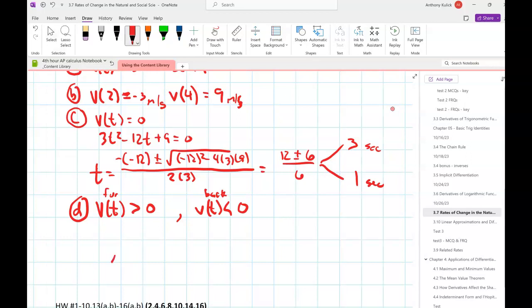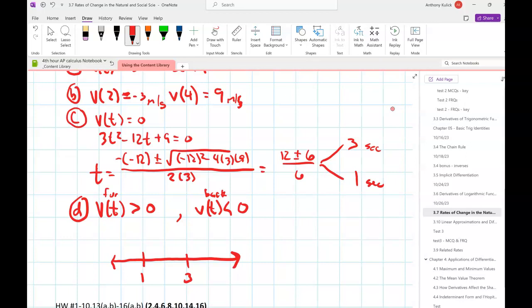What if I don't have my calculator access, though? What if this is a no calculator problem? Well, what I would do is construct what's called a sign diagram, because I know that this function is 0 at 1 and 3, right? Those are the only two places where the graph is 0.